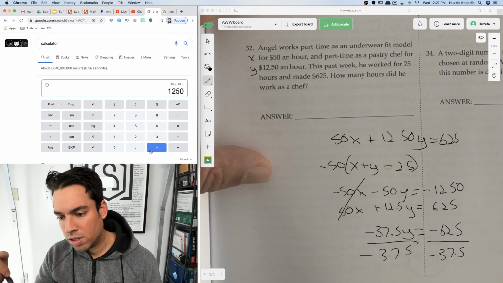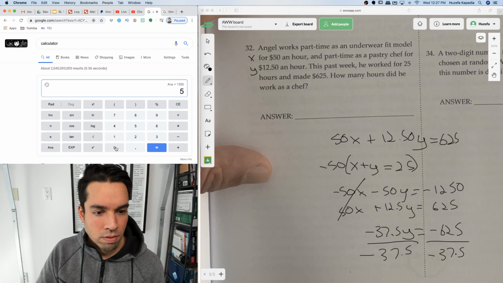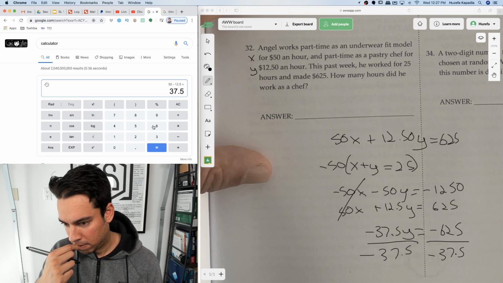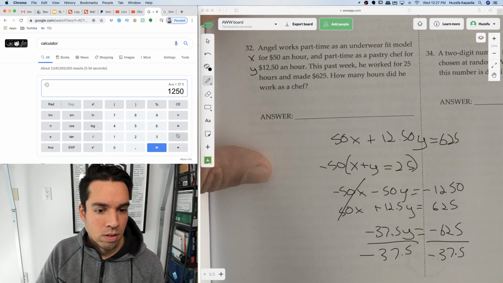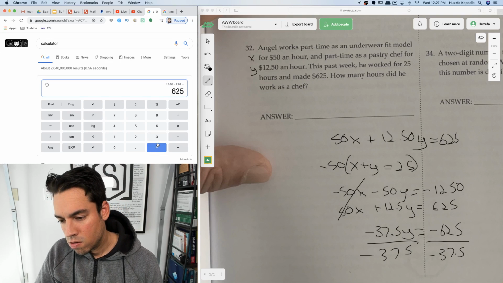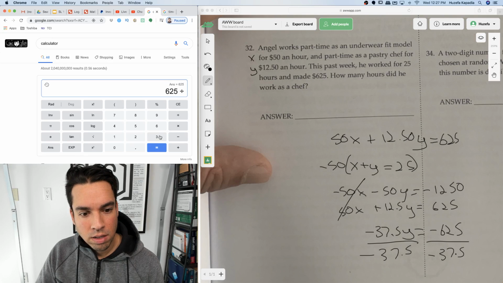Okay. Those cancel out. 50 minus 12.5 is 37.5. Shoot. 1250 minus 625. I did that. Again, divided by 37.5. Maybe I typed something in wrong.